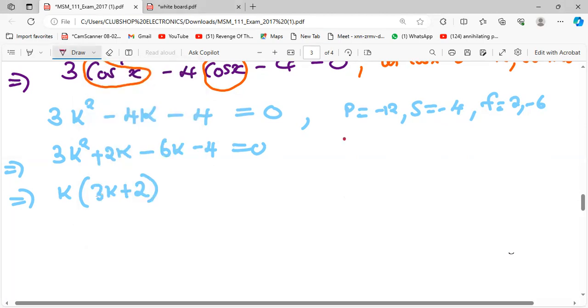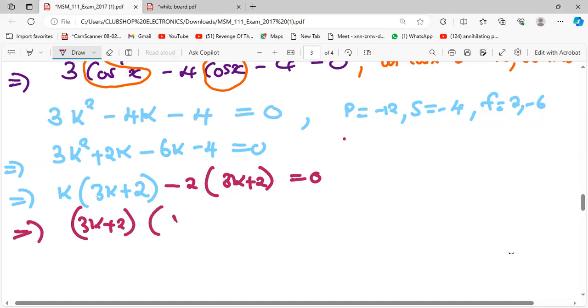Then minus, what is common here is 2, 3k plus 2 is equal to 0. So the common factor here is 3k plus 2, then k minus 2 equal to 0.